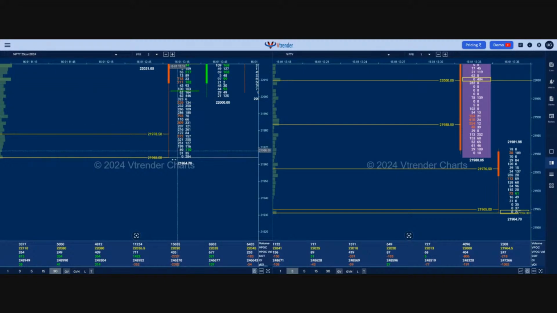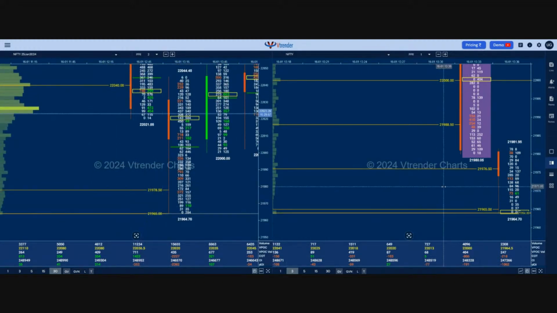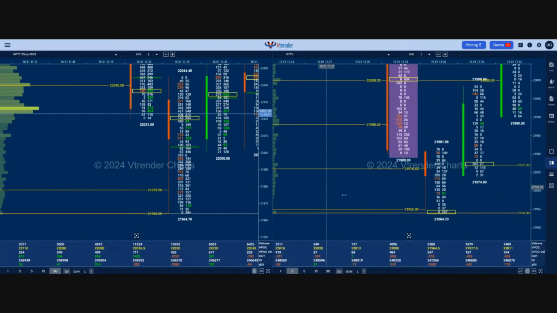So till it tagged here, the line was showing up that these are previous buy side references, 21978 and 21965. So as soon as we hit these lows today and we got the RB, we did not get any fresh selling here. You can see this 247 buyer right at lows, and the POC shifted right to the bottom.